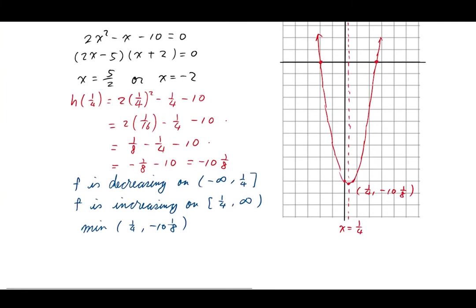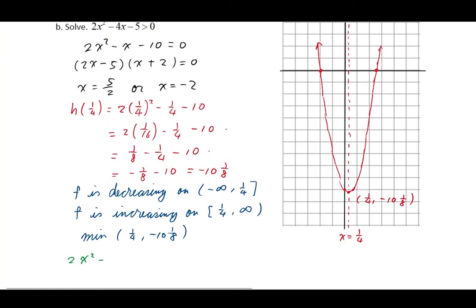So let's say this function 2x squared minus 4x minus 5 needs to be positive now. So positive meaning I want this part and this part. Okay, so my x value happens to be right here and right here in order to make my y value positive.